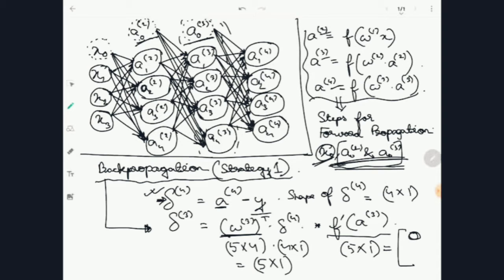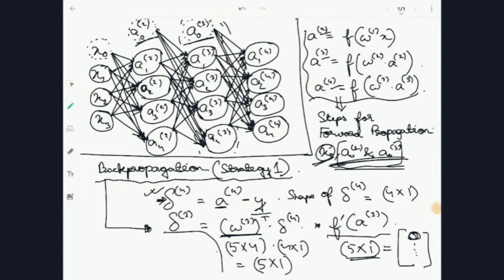There is no connection to the unit a0 in the second layer from the first layer. Similarly, there is no connection to a0 of the third layer from any unit in the second layer. So they remain constant, as there are no connections to them from the previous layer. They remain constant throughout with whatever values you initialize, and the delta becomes 0. And you will have different values for the other units. So this is a 5 by 1 matrix.